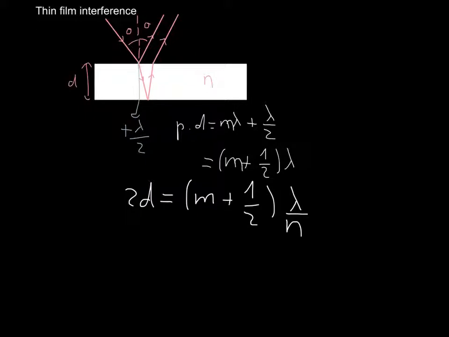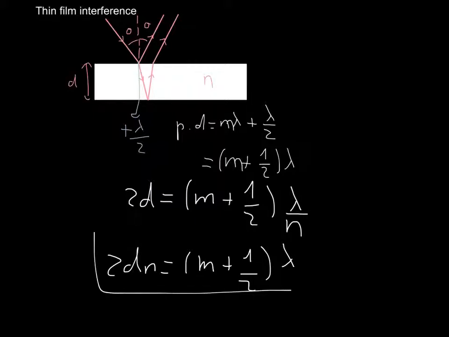And of course, I don't like the way this looks, so I'm going to put the n over here. So simply I will get that 2dn equals m plus 1/2 lambda, not over n, because I already put the n on the other side. So this is the condition for constructive interference of these two rays that are coming out.